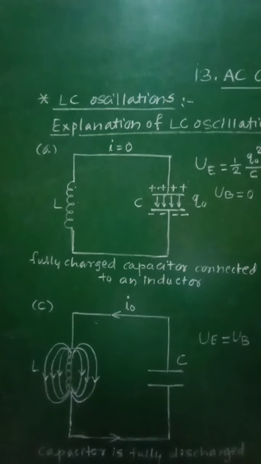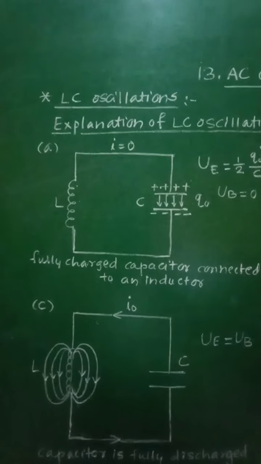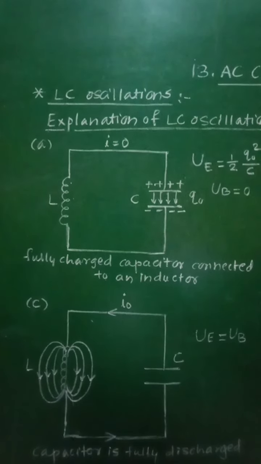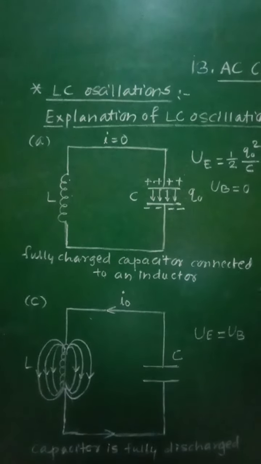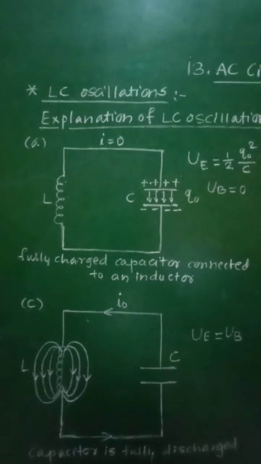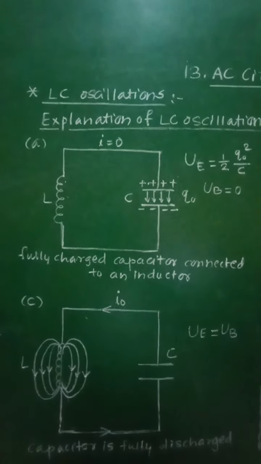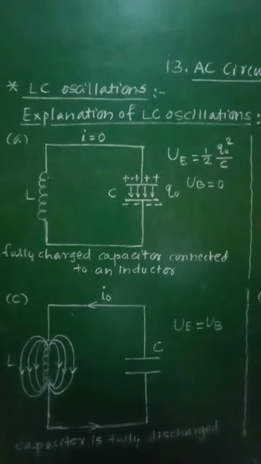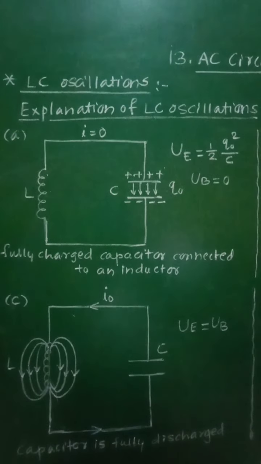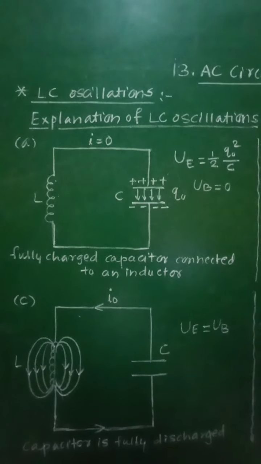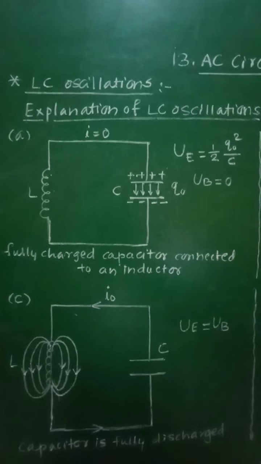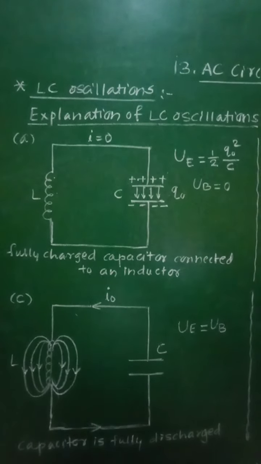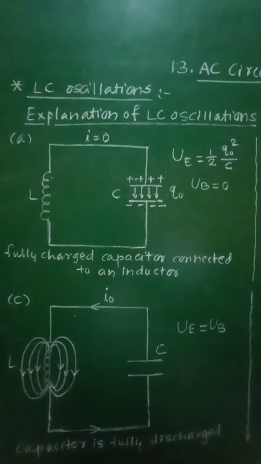When a capacitor is supplied with an AC current, it gets charged. When such a fully charged capacitor is connected to an inductor, the charge is transferred to the inductor and the current starts flowing through the inductor.